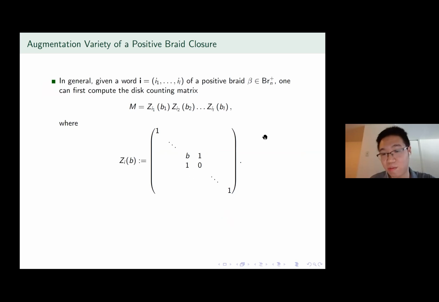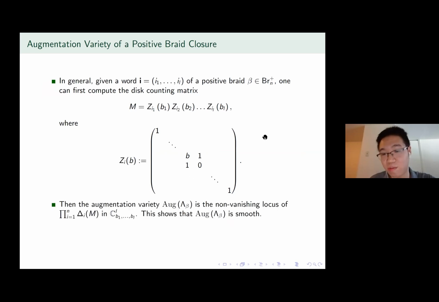The augmentation variety is cut out by the non-vanishing locus of the product of the principal minors of this matrix. So basically the first entry has to be non-zero, the determinant of the 2 by 2 corner, the determinant of the 3 by 3 corner, and so on, all have to be non-zero.